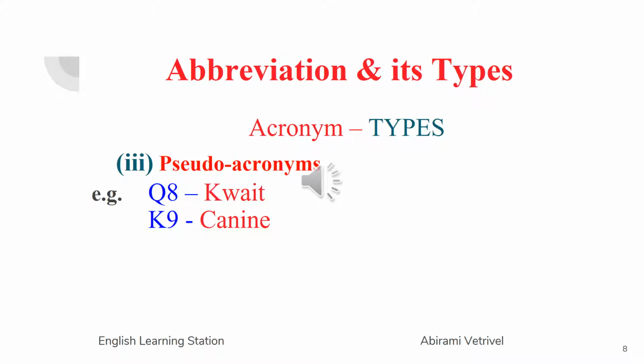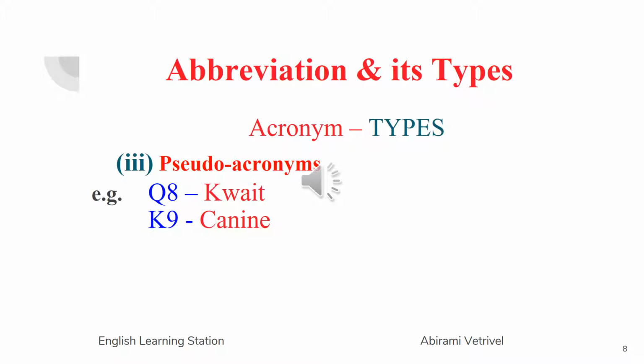The third type of acronym is pseudo-acronym. Pseudo-acronyms are acronyms which are constructed by a sequence of characters which, when pronounced as intended, invoke other longer words with less typing. To understand better, let us look at the examples. Q8: if we pronounce the letter Q and the number 8 together, we end up pronouncing it as Kuwait.